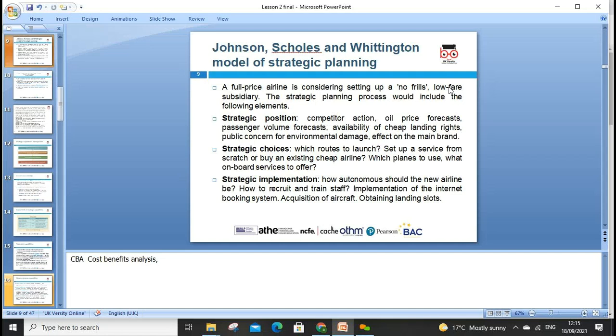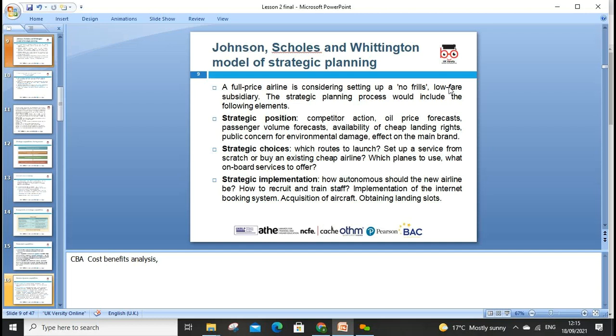Okay. Next, we're looking at Johnson and Scholes, great scholars. They gave a lot of theories and wrote books as well. They discussed a full-price airline considering setting up no-frills, low-fare subsidiaries. The strategic planning process includes the following: strategic position, competitor actions, oil price forecasts, passenger volume, like now due to COVID and the removal of restrictions, which I mentioned earlier.